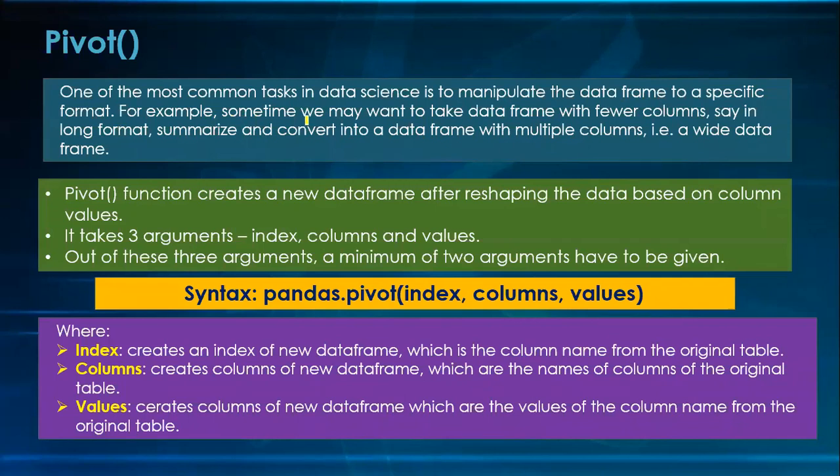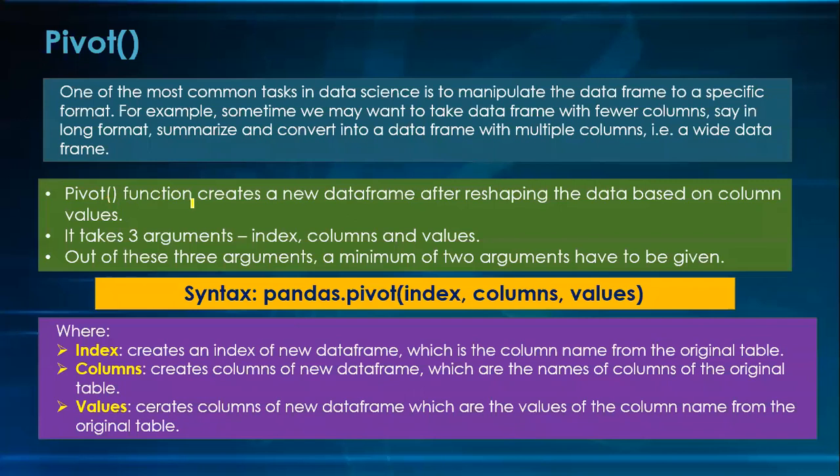For example, sometimes we may want to take a data frame with fewer columns, say in long format, summarize and convert it into a data frame with multiple columns, that is a wide data frame. It means a large data frame can be converted into a small data frame and vice versa. We will see examples after this slide.